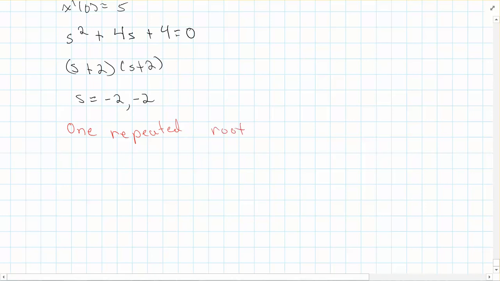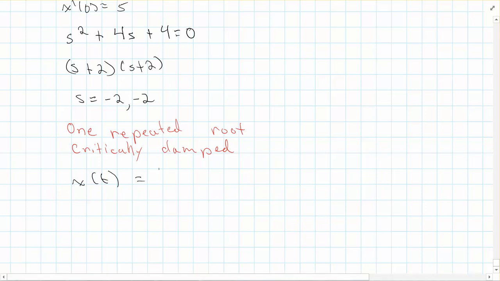So one repeated root means that, well, first off, we're in the critically damped situation, and we'd get the form of my solution.